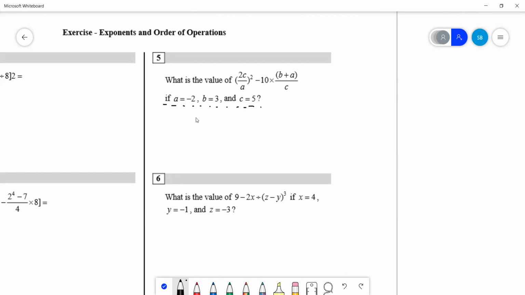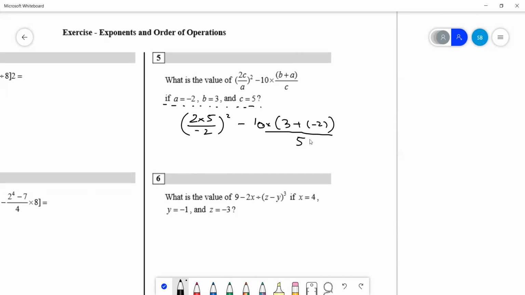5 over -2 squared, minus. Okay, so first I would do 3 plus -2, which would be 1, right?